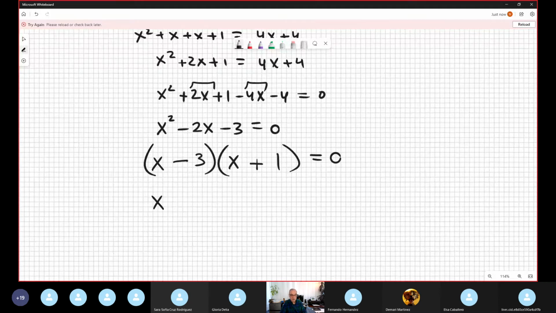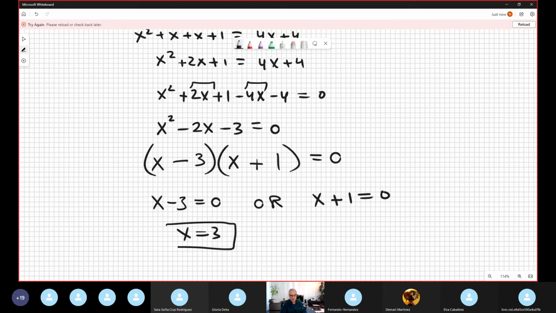You take each factor equal to 0. Obviously it's 3. The shortcut is you get exactly the opposite sign to the factorization. This is the solution, and it's negative 1. And this is the solution of this equation.